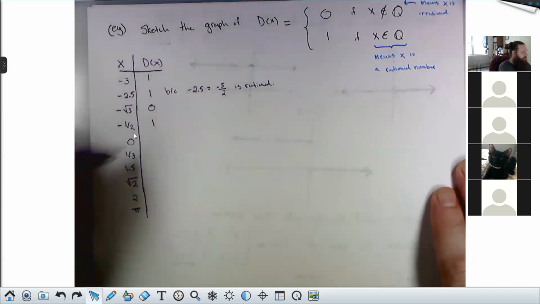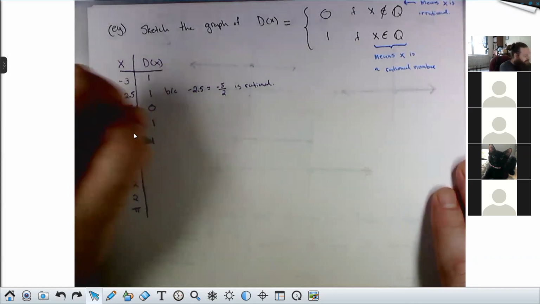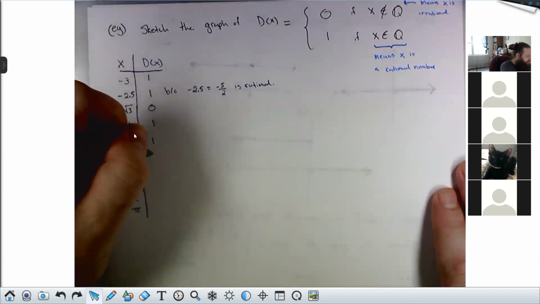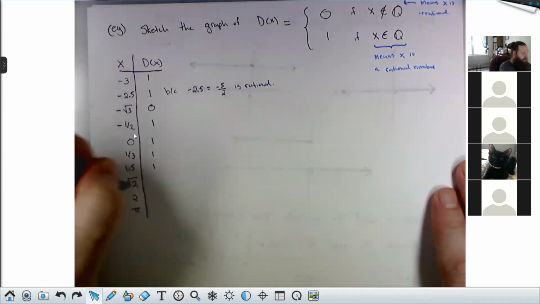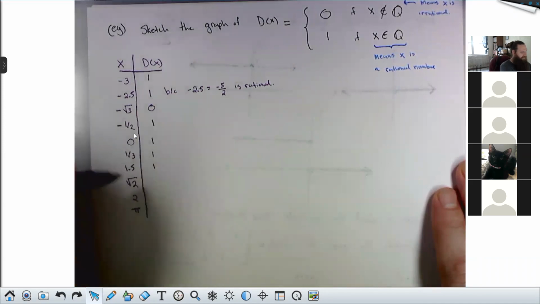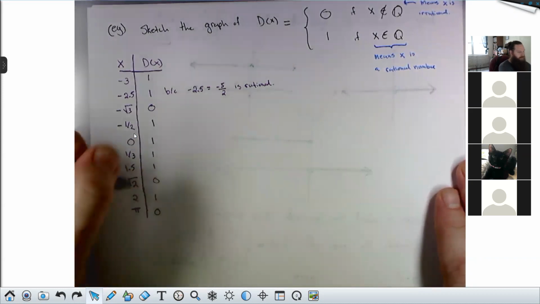What is d of 0? 1. Good, very good, 1. 0 is also rational. 1/3, 1. Rational. 1.5? 1. Rational. Square root of 2? 0, same reason as -√3. 2 is rational, so that's going to be 1. Pi is going to be a 0 again.